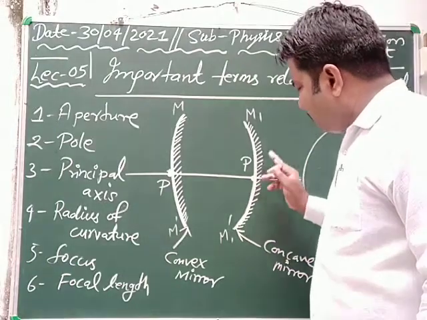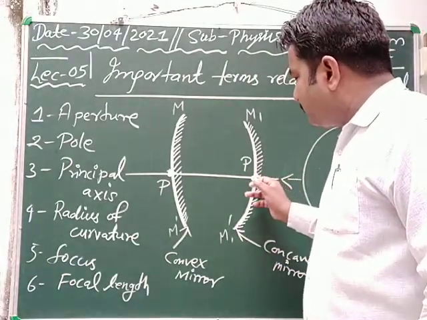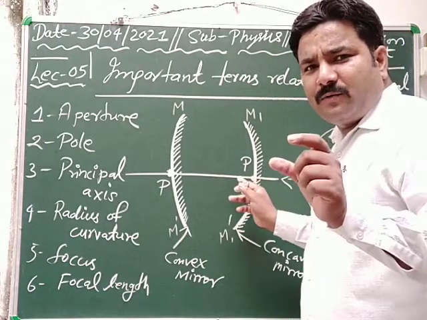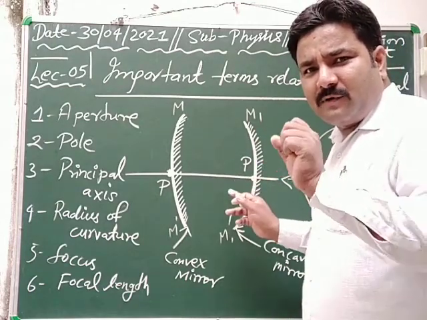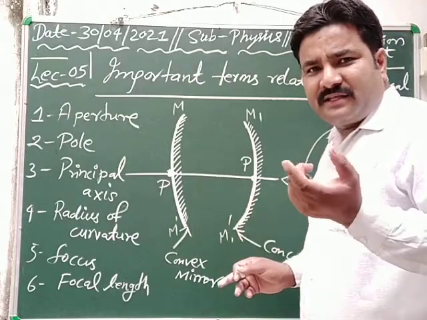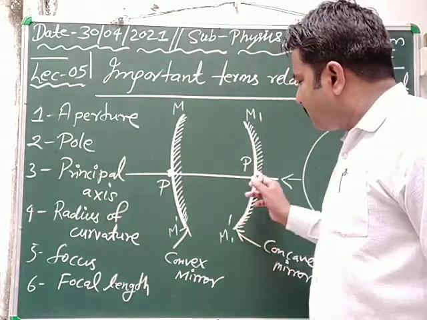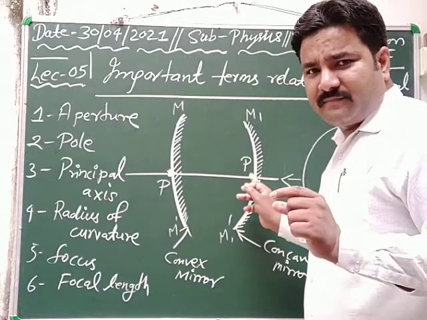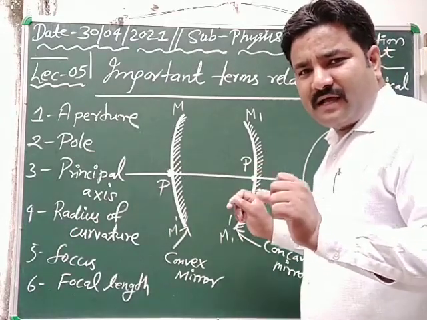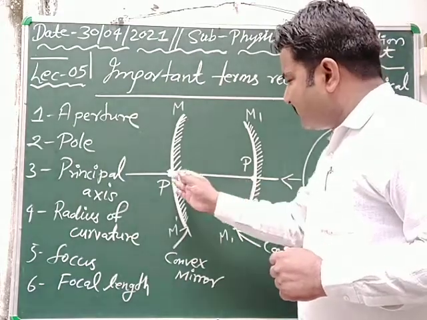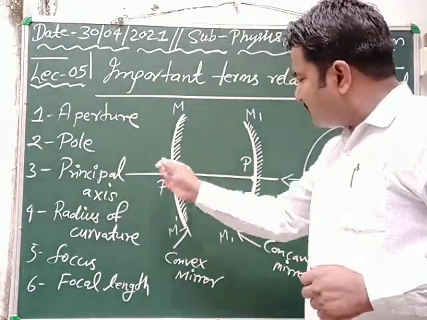In case of concave mirror, the pole is nearer to either focus or center of curvature, because focus and center of curvature both lie towards the left side.